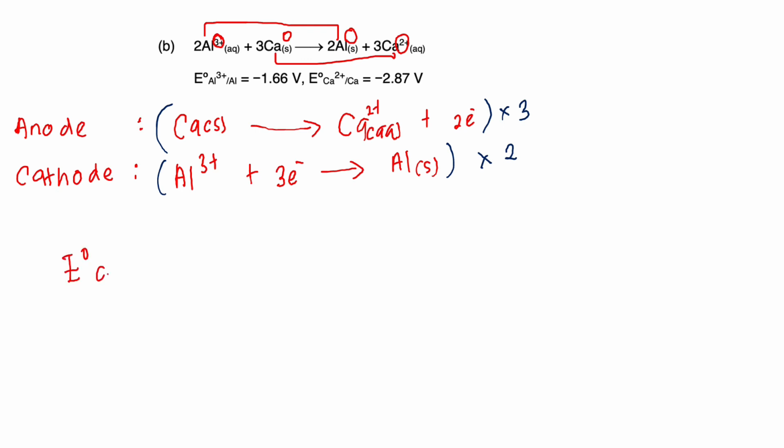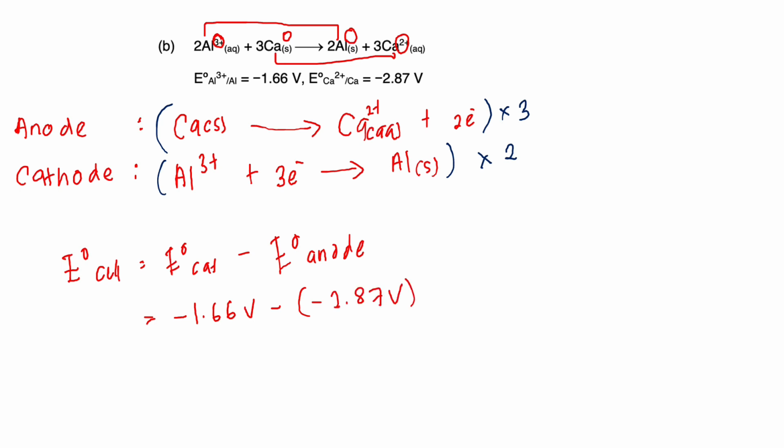So E naught cell equals E naught cathode minus E naught anode. Our cathode here, aluminium, is negative 1.66 volt minus our anode here, calcium, which is negative 2.87 volt.